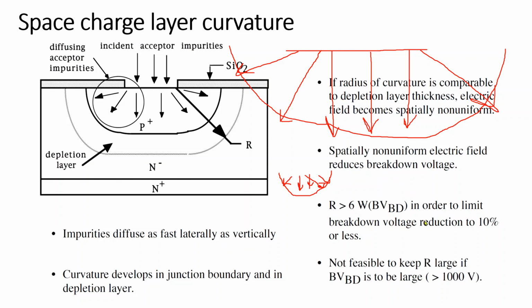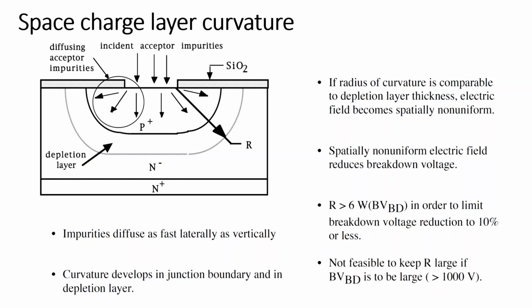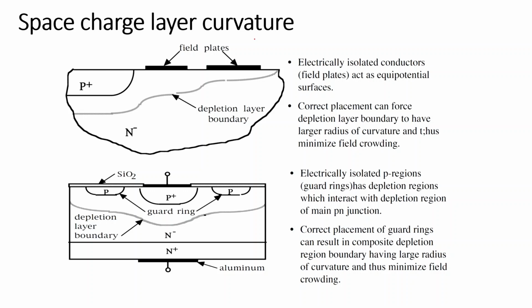So what we do to save time, we have two types of arrangements to increase R. One is to place field plates. These are nothing but metallic plates placed over this diode, so that this radius of curvature does not go low. So this is one method. The detail of this method is not in this course. Another method is to provide guard rings.